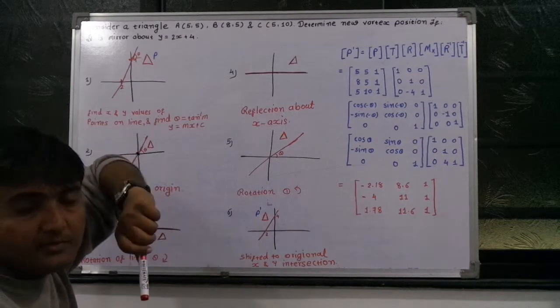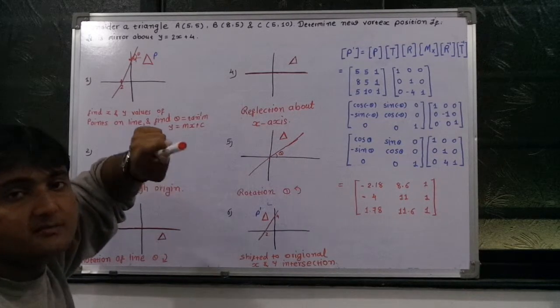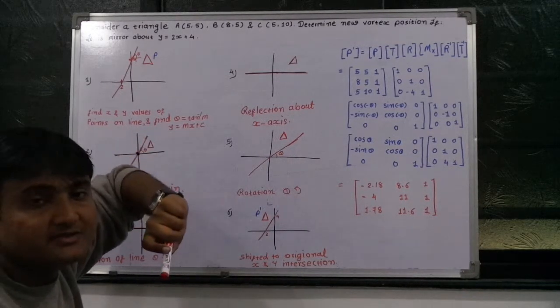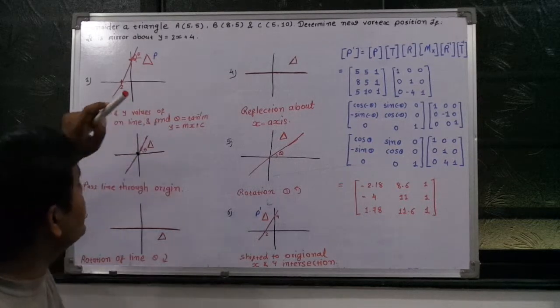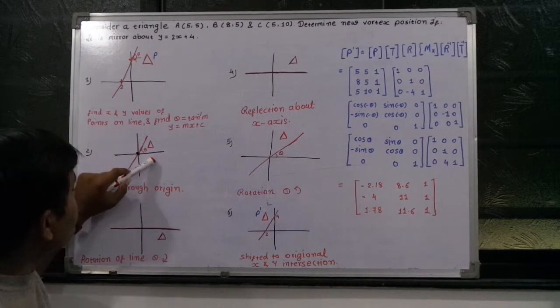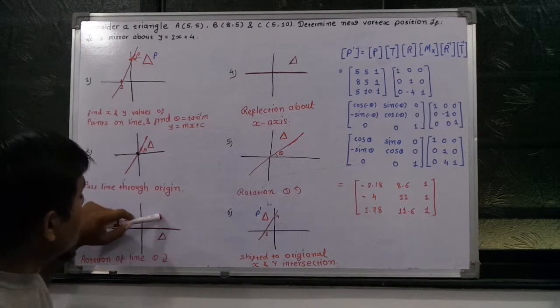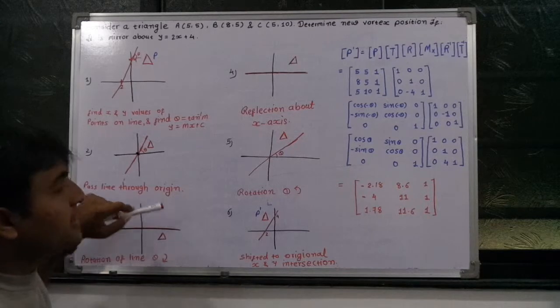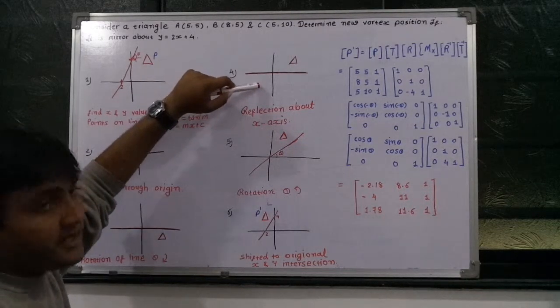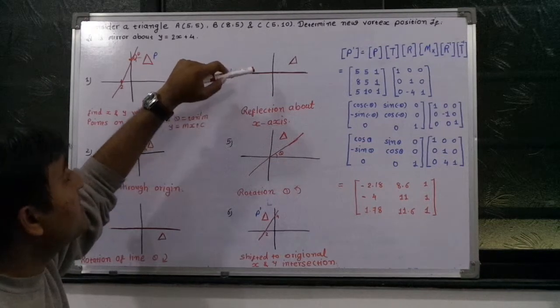Please subscribe, then find the playlist and select the CAD playlist. Inside it, first see the translation matrix, then the rotation matrix, and then the MX matrix, the reflection about x-axis matrix, to justify these steps.